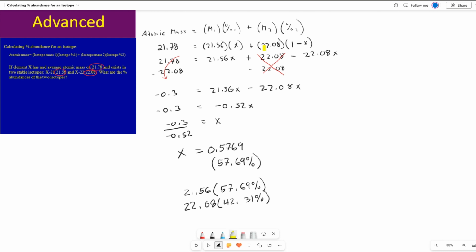And those are the percents for the two isotopes. The isotope that weighs 21.56 exists at 57.69%, and the isotope with a mass of 22.08 exists at a percent of 42.31%.